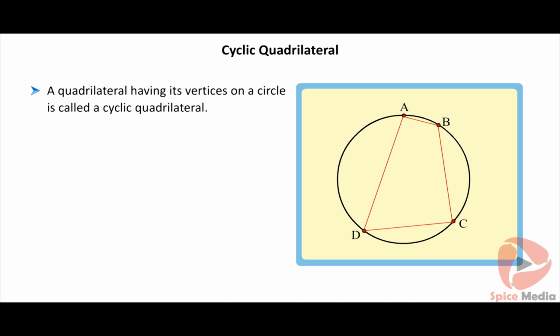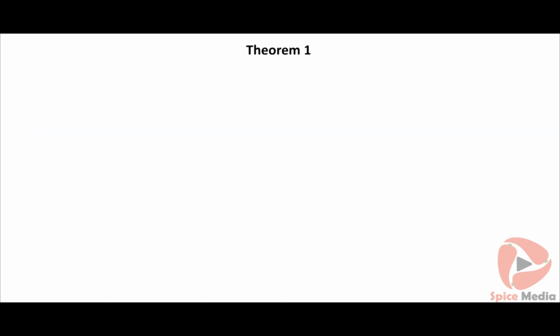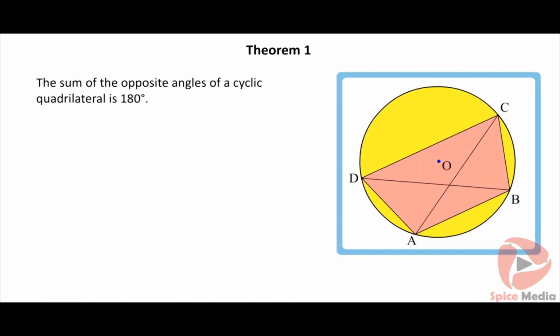Even four-sided shapes like quadrilaterals can be fit inside a circle. But not all quadrilaterals will have all four corners touching the circumference of the circle. Quadrilaterals that do, however, are known as cyclic quadrilaterals. In this section, you will learn more about cyclic quadrilaterals.